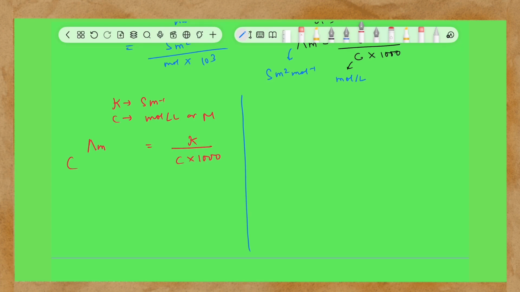Here lambda m we will get with unit Siemens meter square per mole. This is very much important.